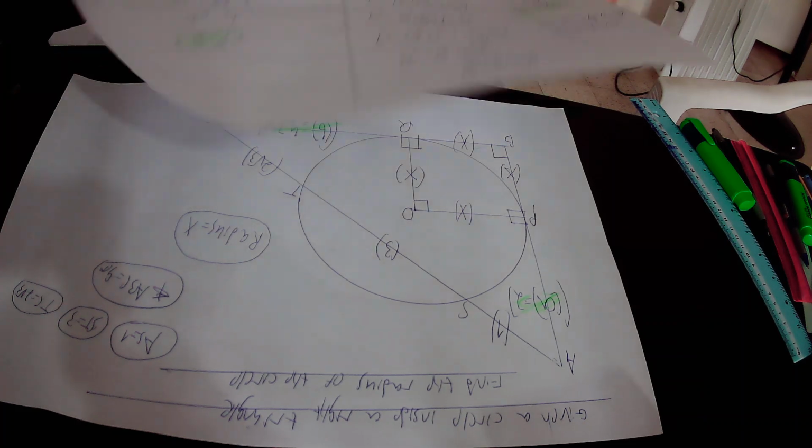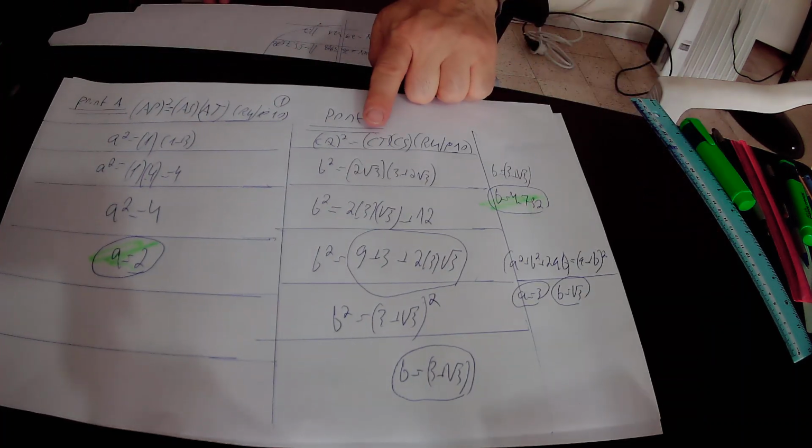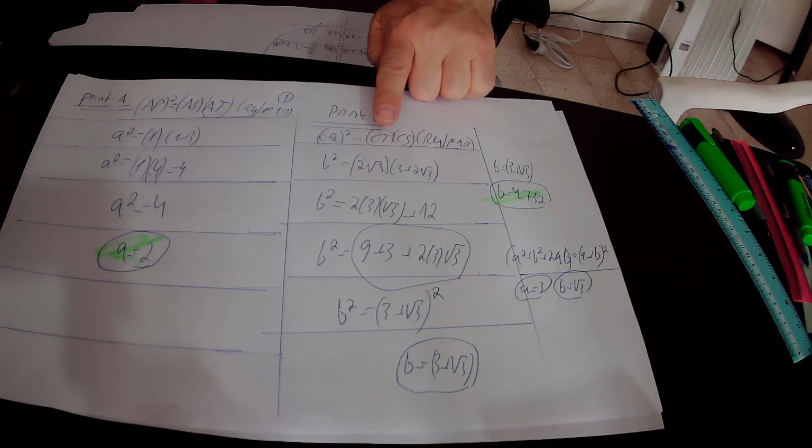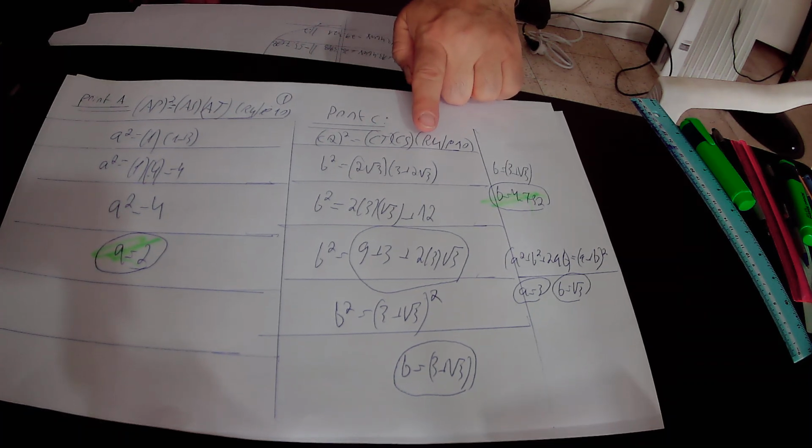So in conclusion, we found out that B square equals 2 times root of 3 times 3 plus 2 times root of 3. We open the brackets on this side of the equation, and finally found out that B square equals 2 times 3 times root of 3, and we have 2 times root of 3 times 2 times root of 3 equals 12.